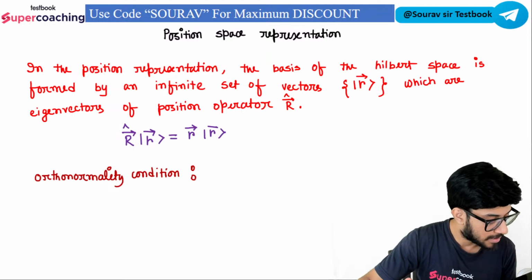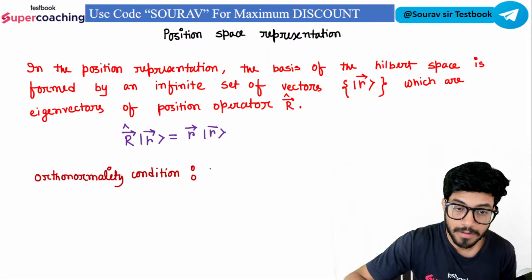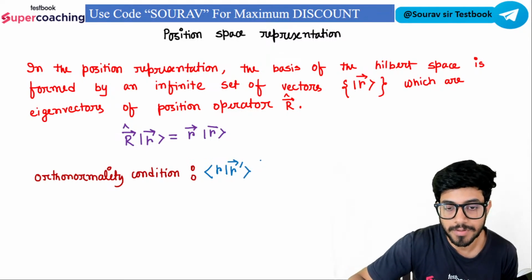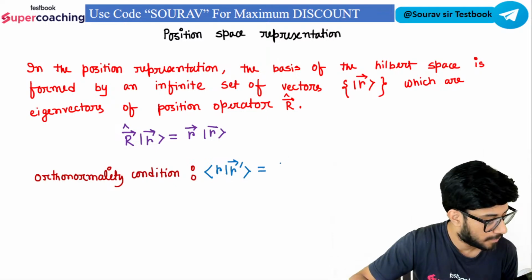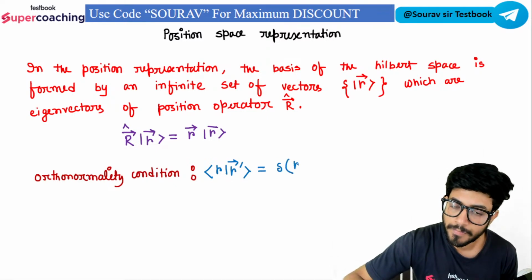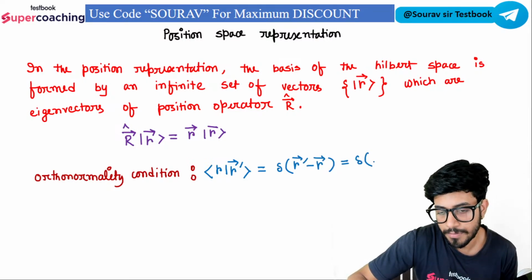So that can be written as the inner product of R dashed with R equals delta of R minus R dashed.